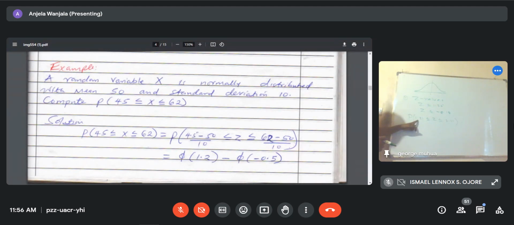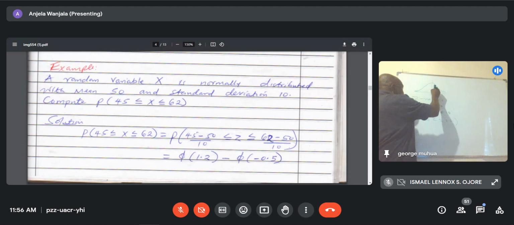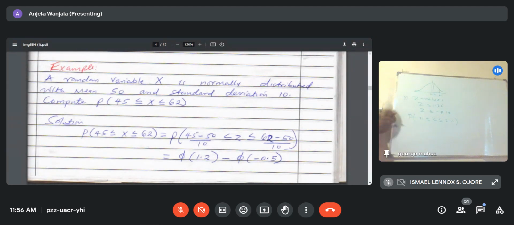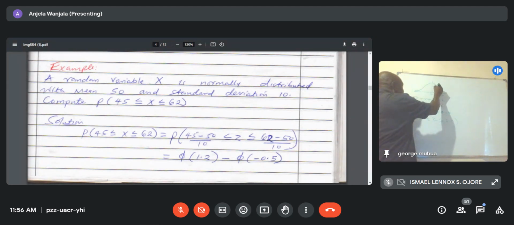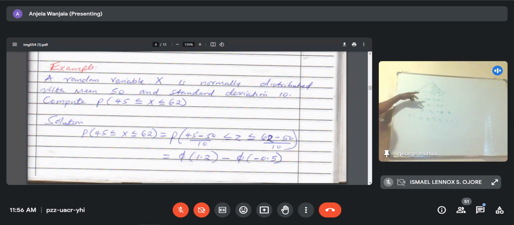So here we are looking for the area between 1.21 and 2.11. Because both of them are positive, we'll look at the positive side, and we put 1.21 here and 2.11 here. So how do we then determine this shaded area in between?